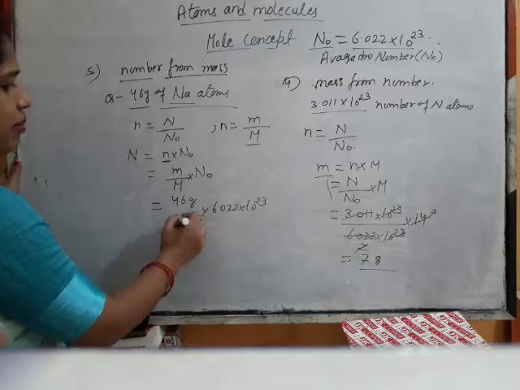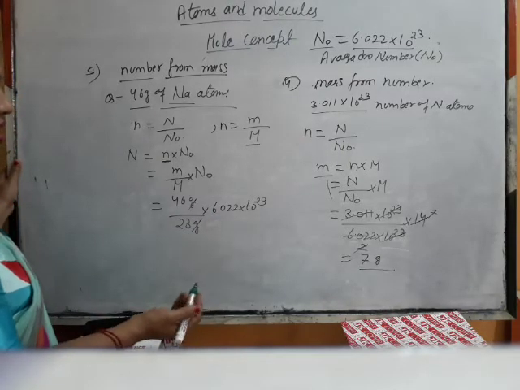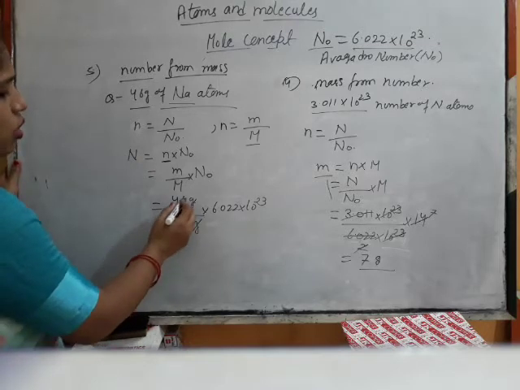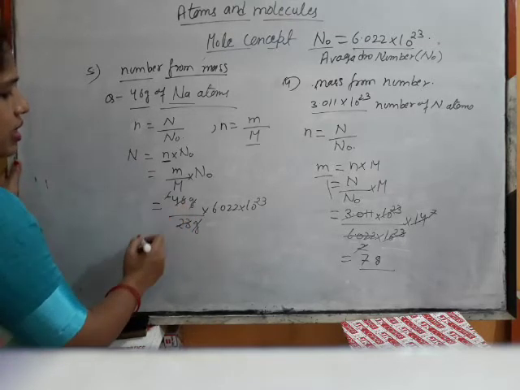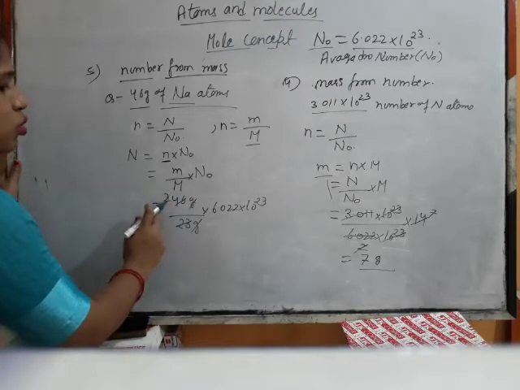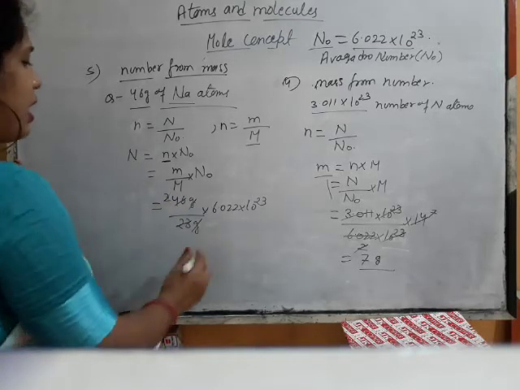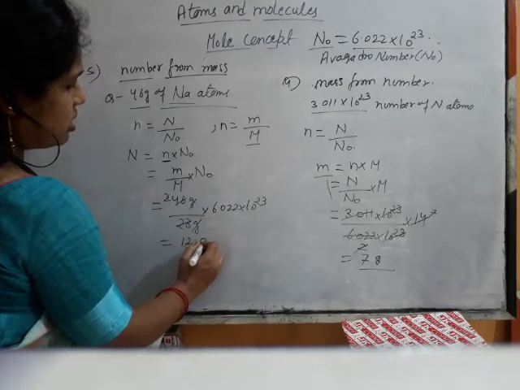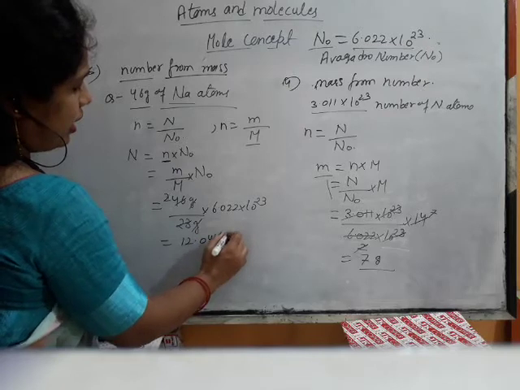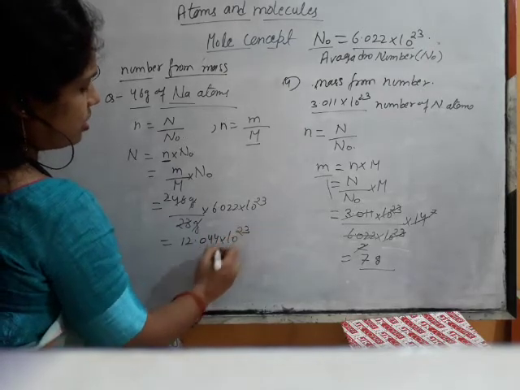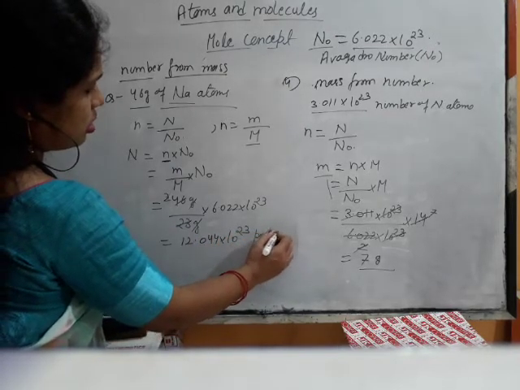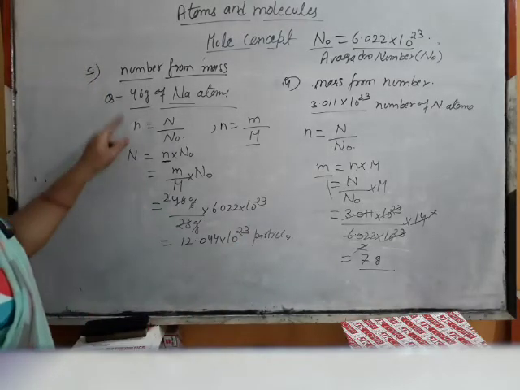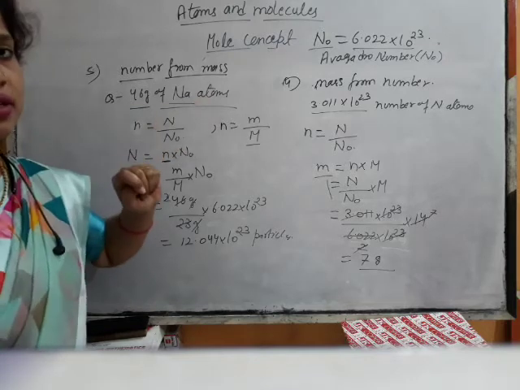Here the units of gram will cancel out. 3 2s are 6, 23 2 times gives us 46, and now it will be multiplied. So we get 12.044 into 10 raised to the power 23 particles, the number of particles in 46 gram of sodium atom.